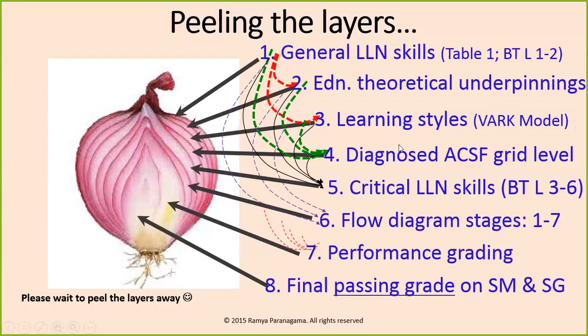And I thought maybe it is going for critical LLN skills and onward. For critical LLN skills, I'm again referring to Bloom's taxonomy level 3 to 6. So it came to my head, right, here in the inner 4 layers, these 4 layers have the employability skills. That makes sense. If you look at that, for each and every stage, there is this cause and effect relationship, which makes sense, I felt.